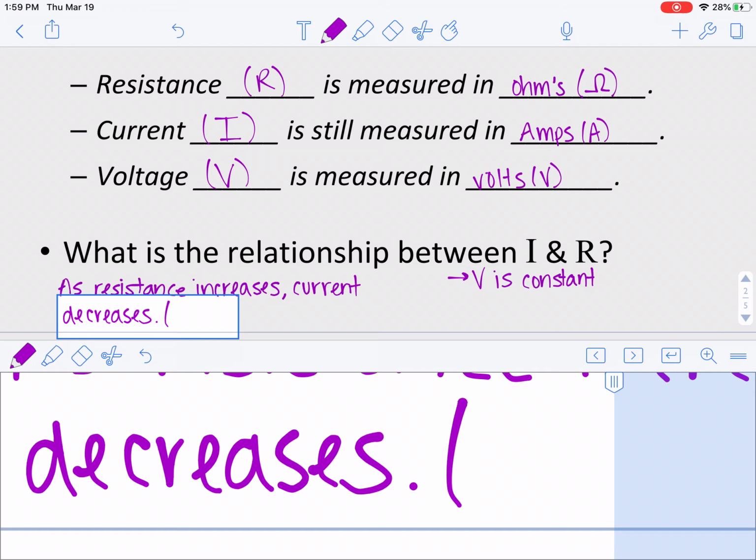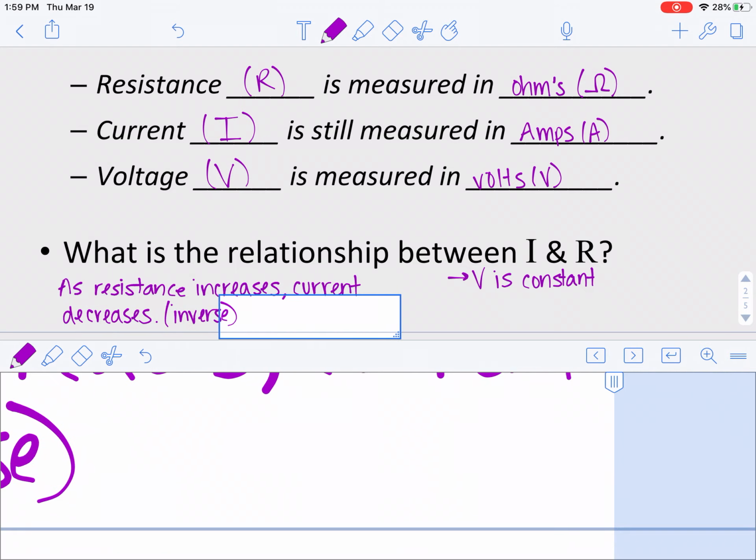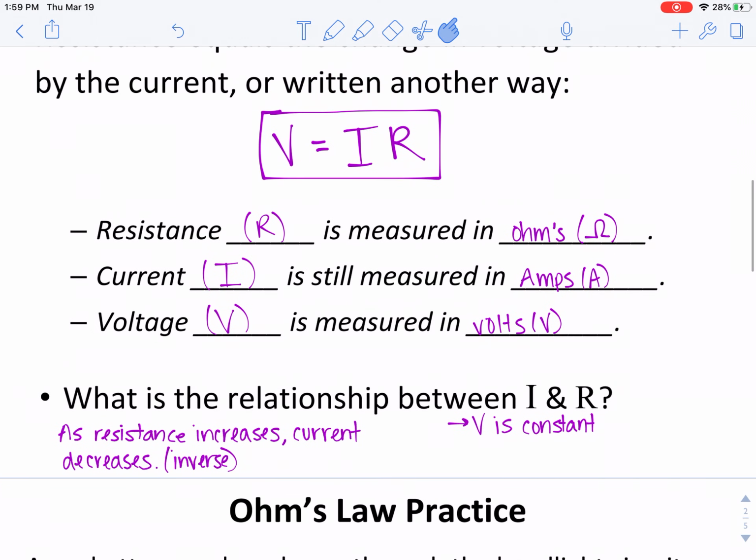And as we said, this is an inverse relationship between the two. Now, remember that relationship is strictly talking about when voltage is held constant. If we're not holding voltage constant, the relationships are going to change and we're talking about something else. But when that power supply stays the same, if you increase the resistance, that's going to lower the amount of current that is allowed to flow through that circuit.